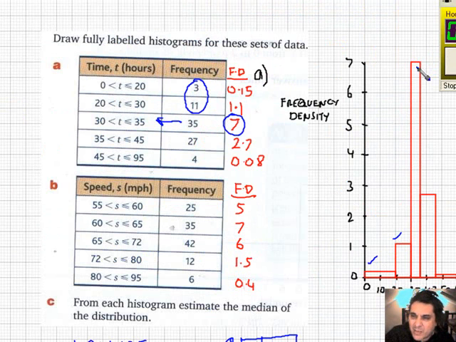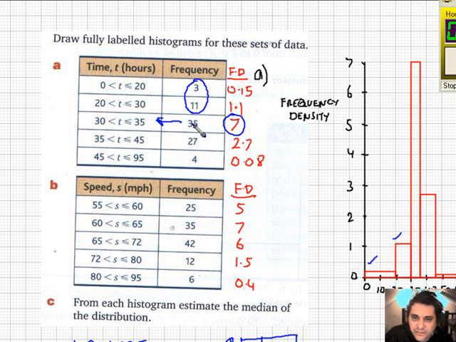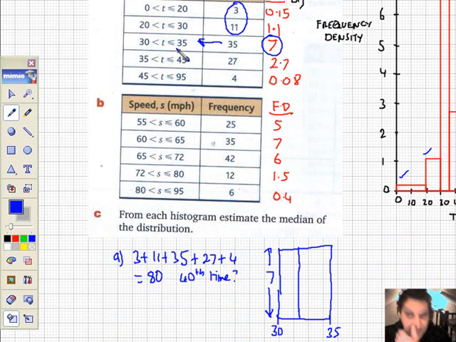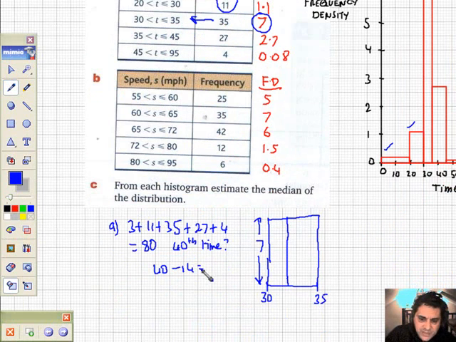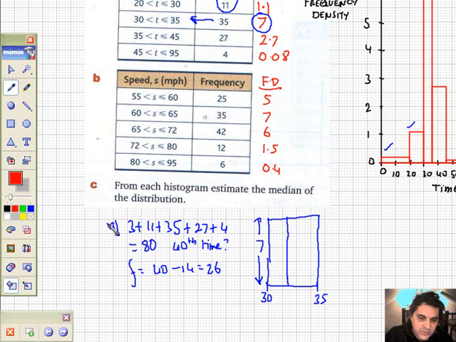I need to work out how much of this third bar will house the 40th person in order to work back and find the median time. So here I go. 40 take away these 14 items leaves me with 26. Therefore, since 26 is the frequency that I'm looking for, change to red, so this area is 26.